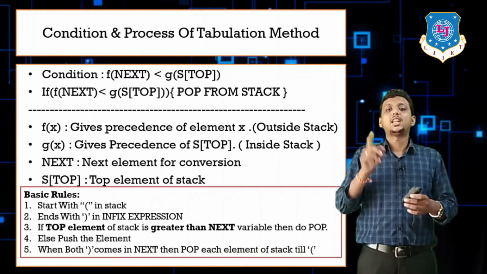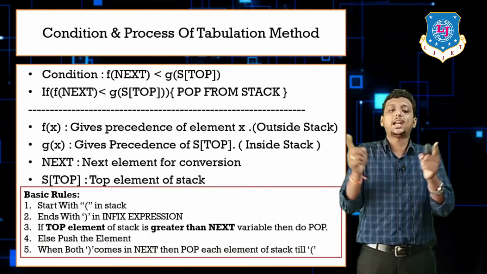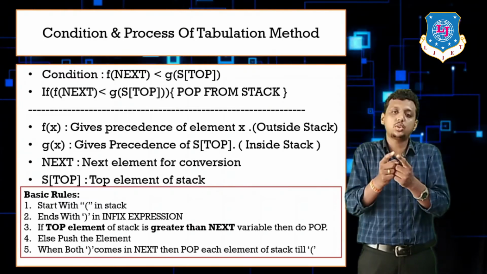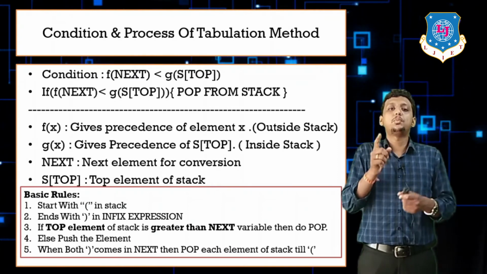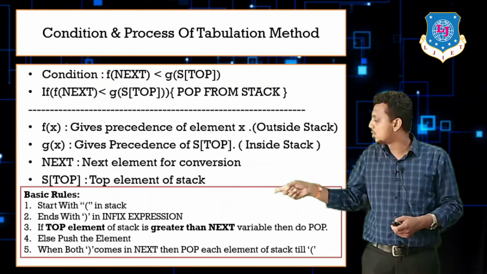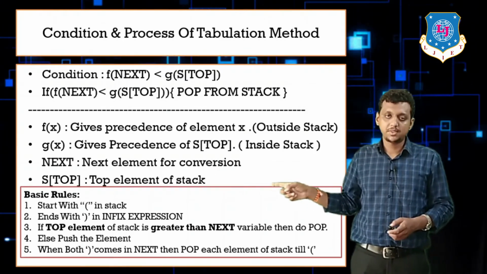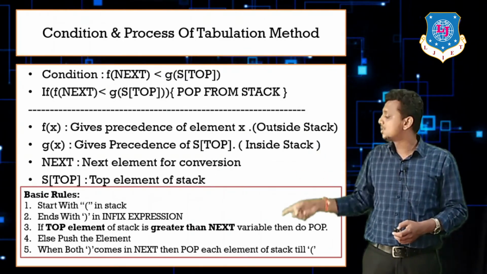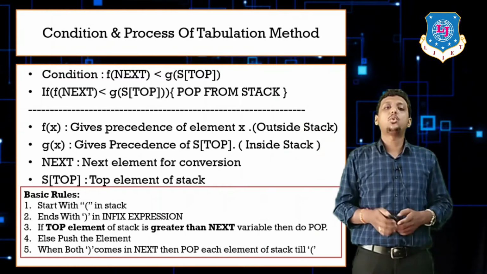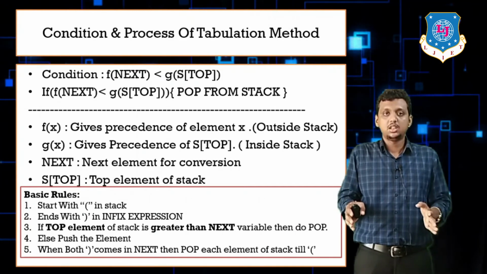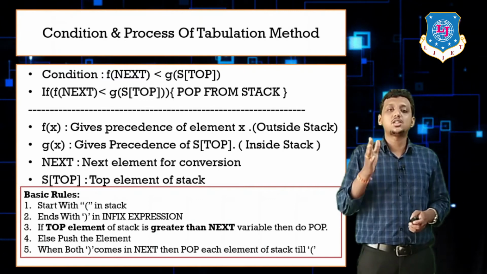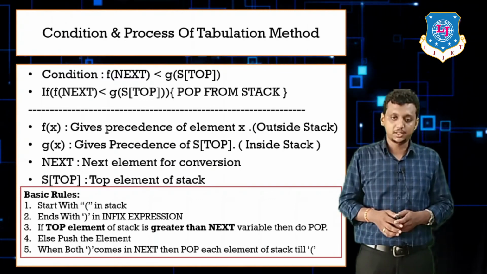Another rule is that if the opening bracket and closing bracket come together, then you just need to pop out. Also, whenever you find the closing bracket in your character scan column, you need to pop out every element from your stack until you get an opening bracket.